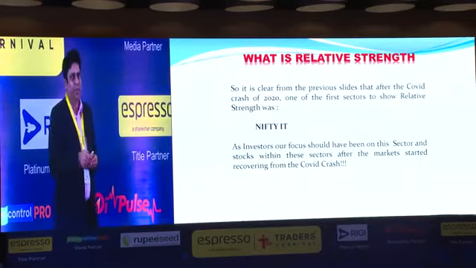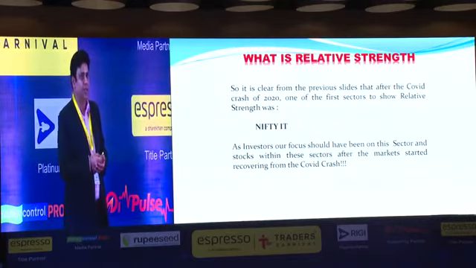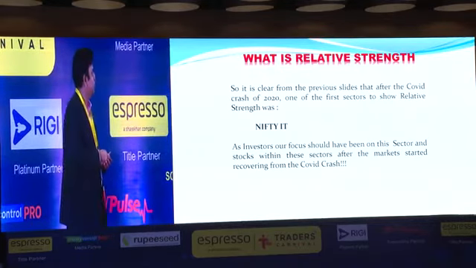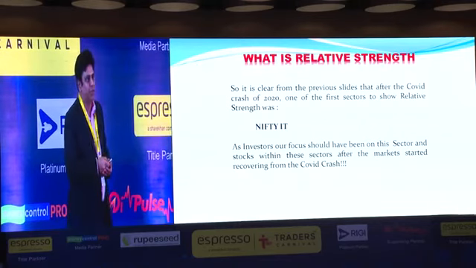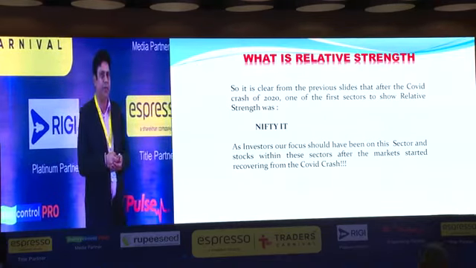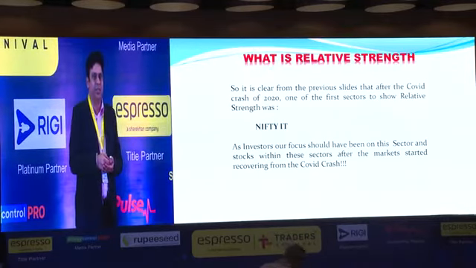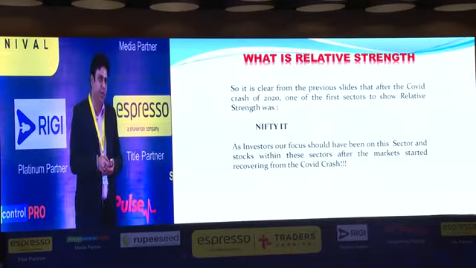So if somebody was investing after the COVID crash, his focus in the beginning should have been on Nifty IT, because as investors, we focus on stocks and sectors which started recovering first after the COVID crash. Somebody who had identified this phenomenon after the COVID crash would have invested in Nifty IT, and he would have made phenomenal gains after that, because this sector had relative strength.